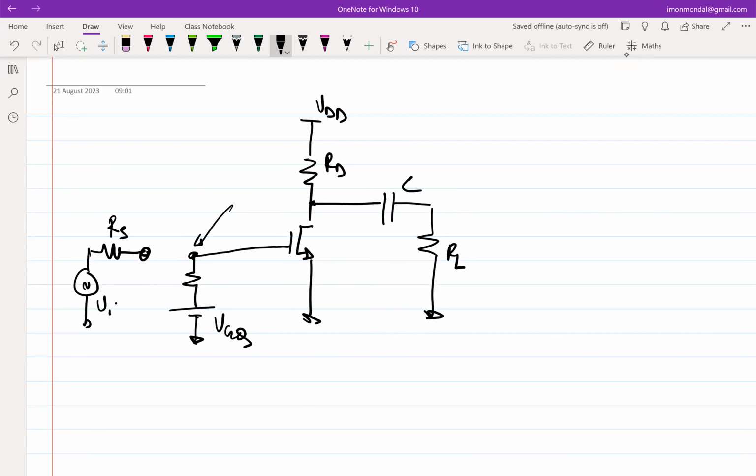We are not drawing any current through VGQ because the input current to the MOSFET is 0. So if I apply VGQ here, this voltage will be VGQ. No issues. However, if I now connect these two, then the quiescent current will flow and the gate voltage will drop below VGQ.